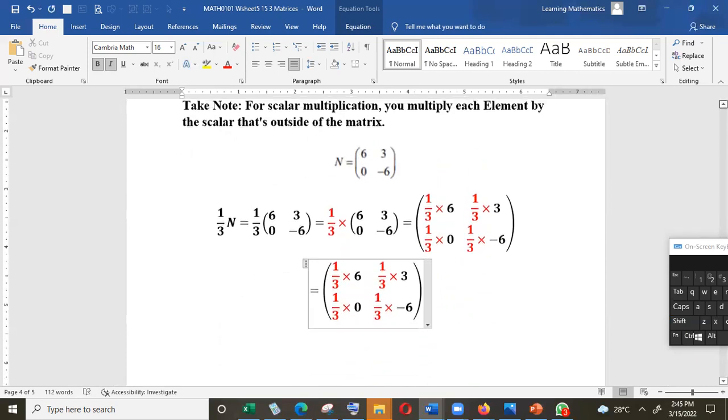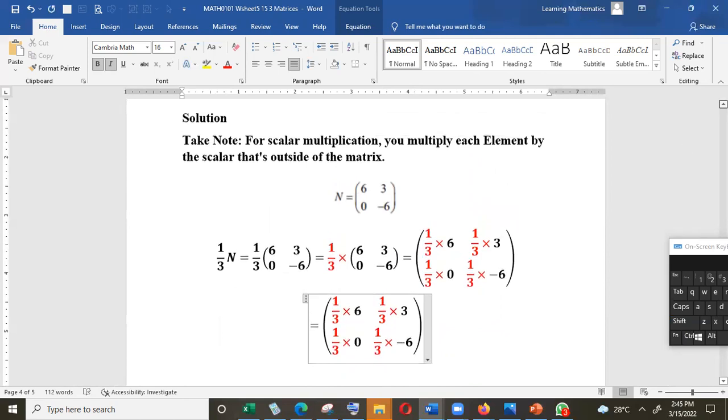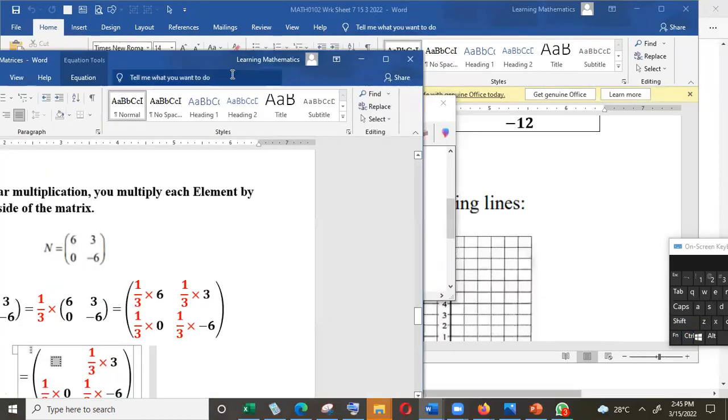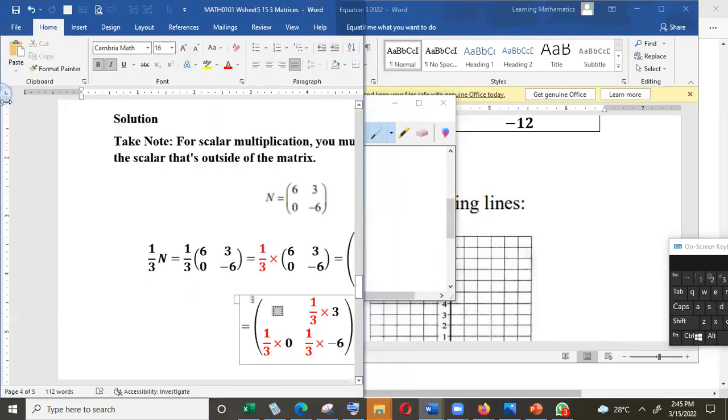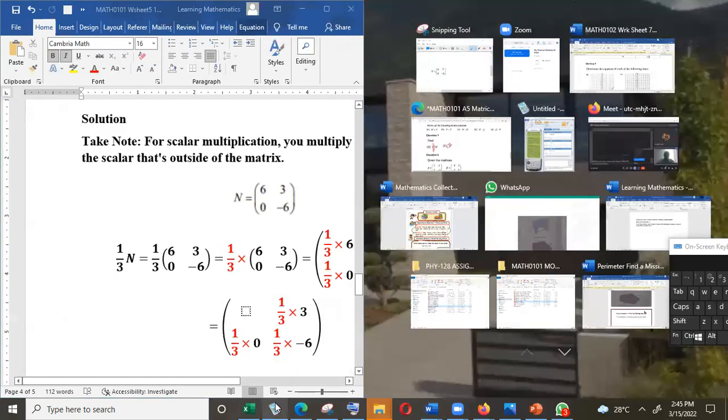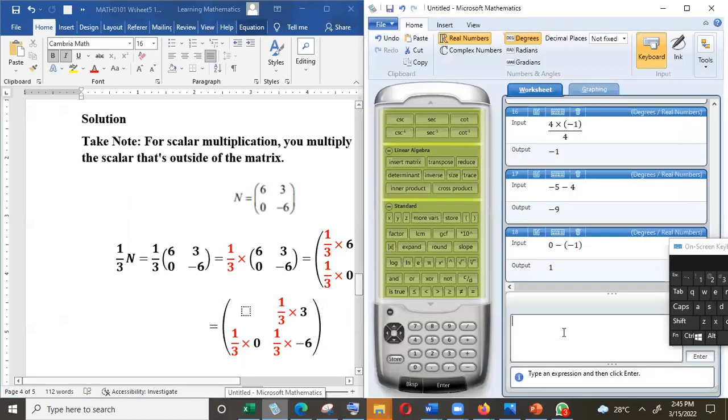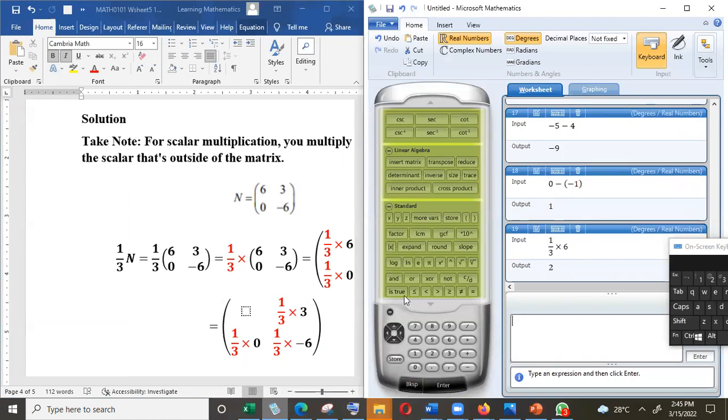So a third times 6, that will be like 6 divided by 3. That should be 2. A third times 6 is 2, as you can clearly see.